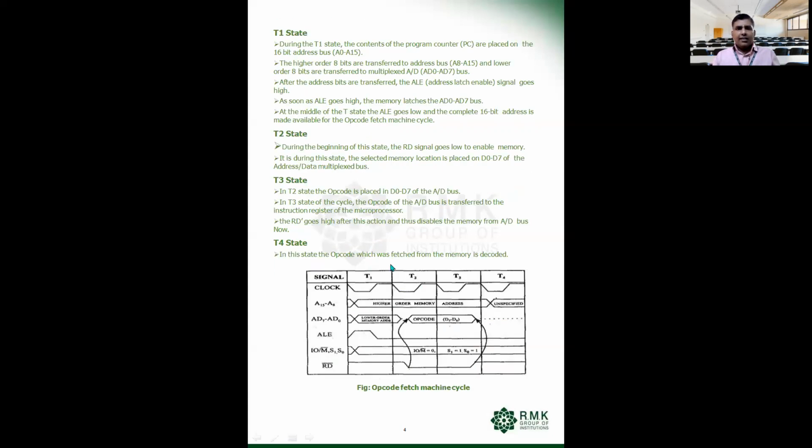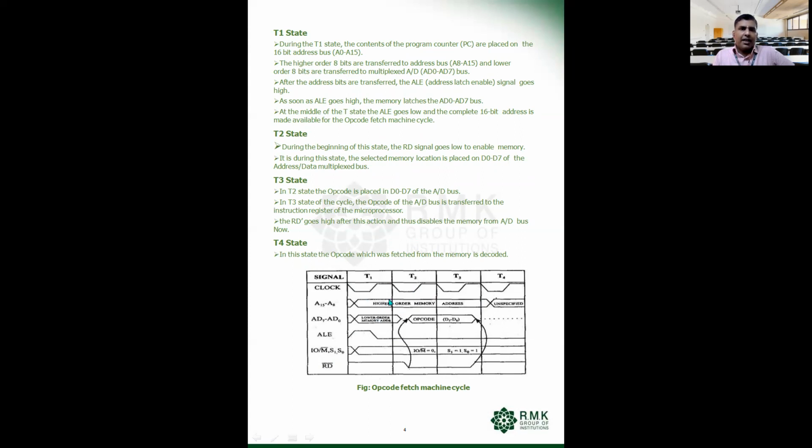Now, this is a typical timing diagram of an opcode fetch. Opcode fetch usually contains 4 T states: T1, T2, T3, T4. Basically, it fetches the opcode from the memory, loads it onto the instruction register, and then decodes it. That is the basic operation of opcode fetch.